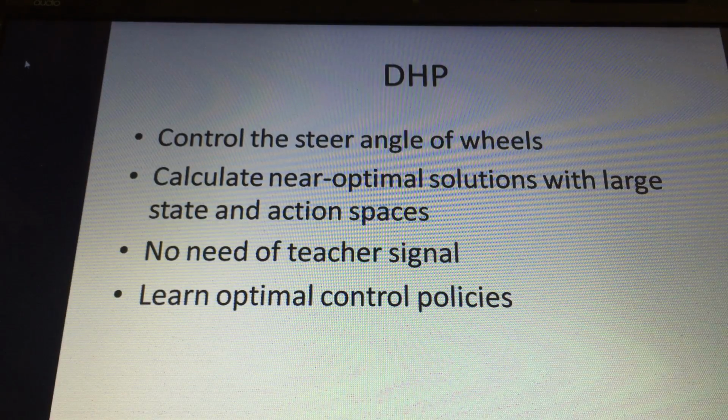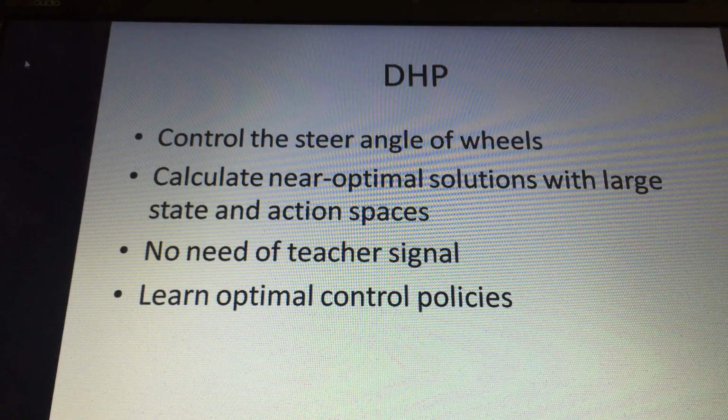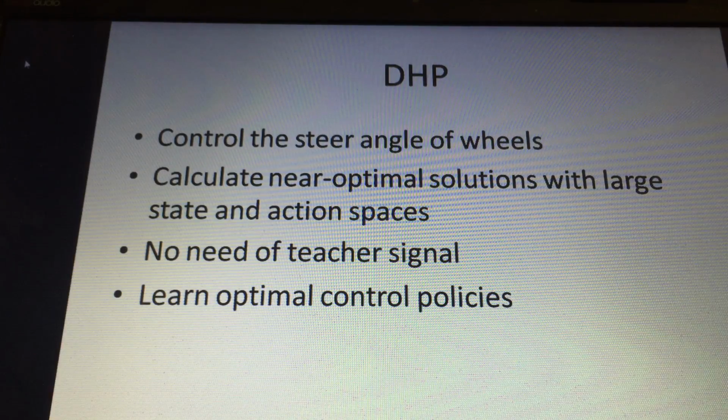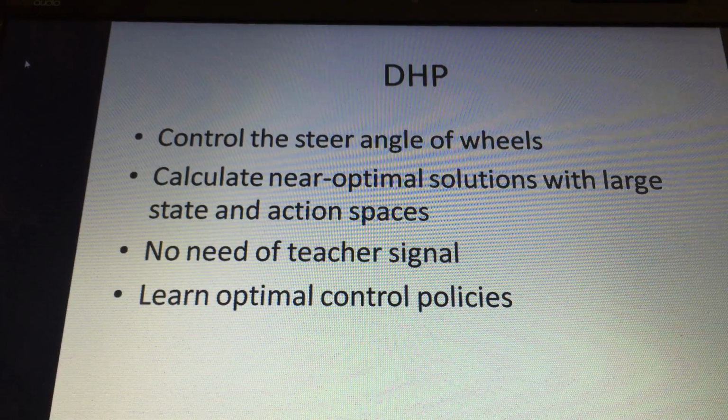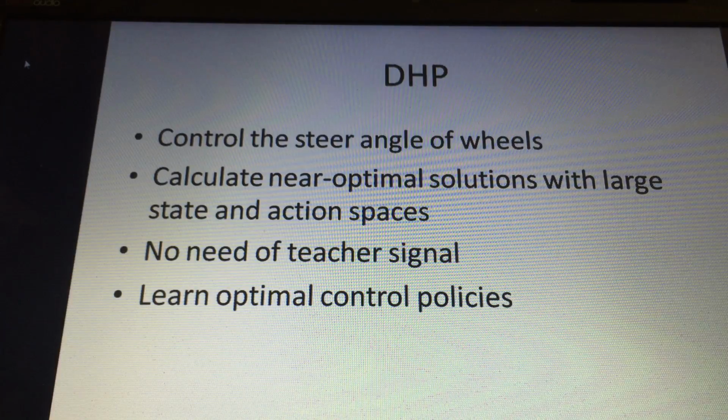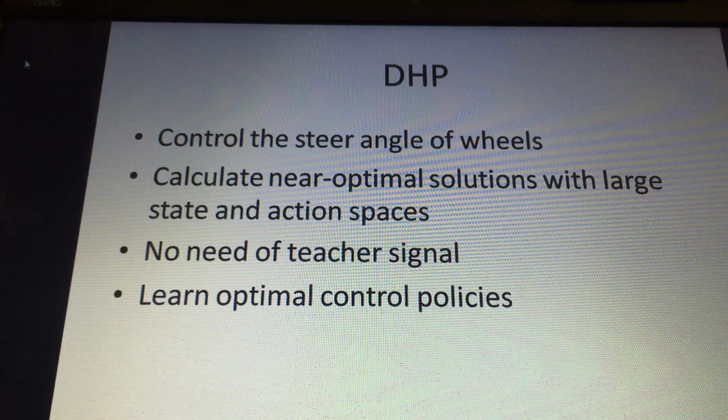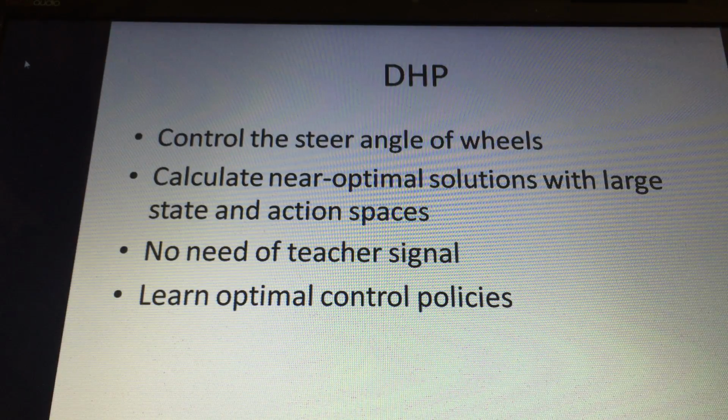Okay, so for the autonomous vehicles, dual heuristic dynamic programming is used to control the steering angles of the wheels. They have to calculate the near optimal solutions with large state and action spaces.